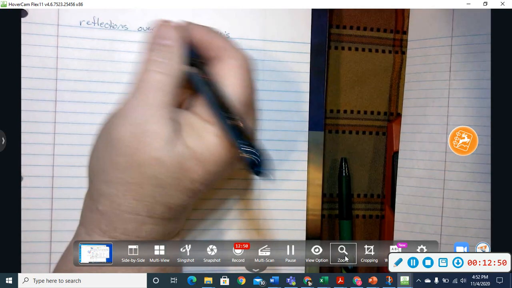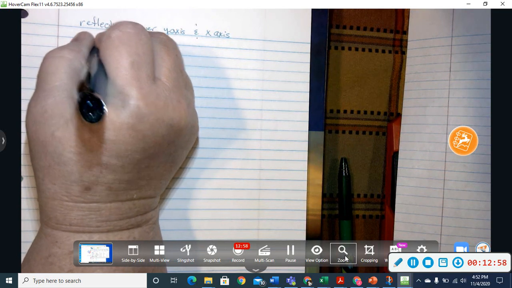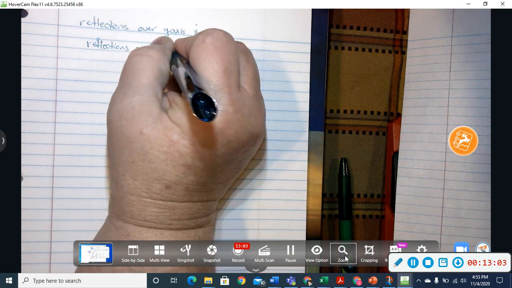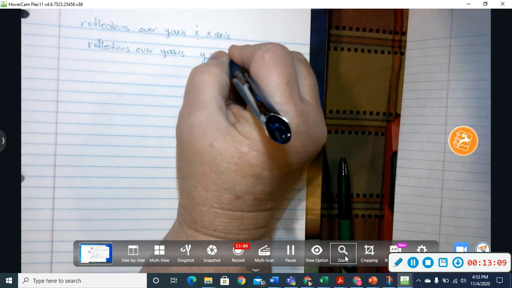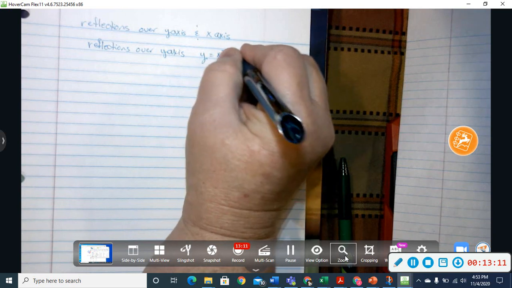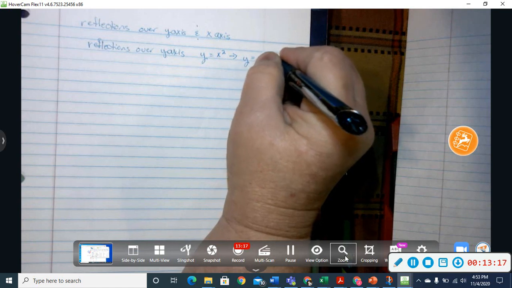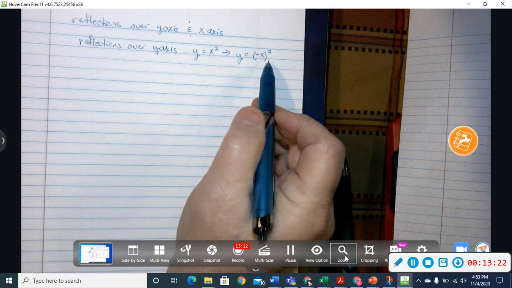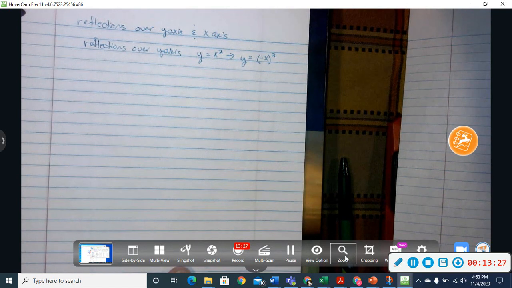Now, when we have a reflection with a quadratic over the y-axis, the equation, that base equation, y equals x squared, changes to y equals (-x) squared. And that shows us an opposite to the x inside the square part.